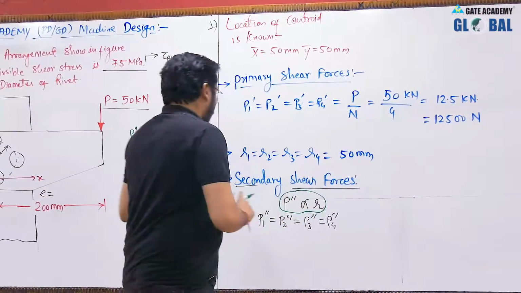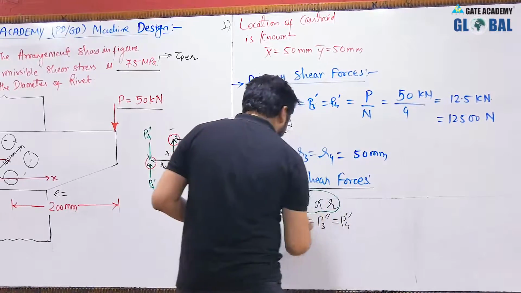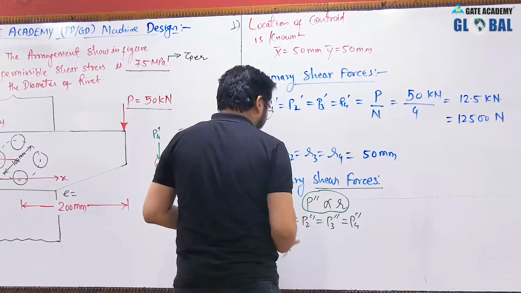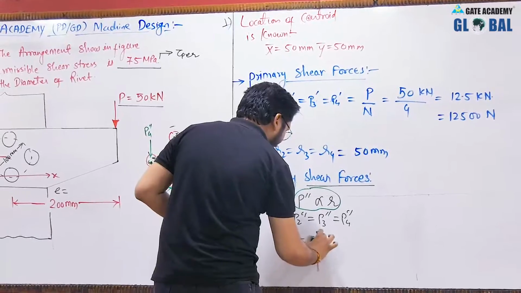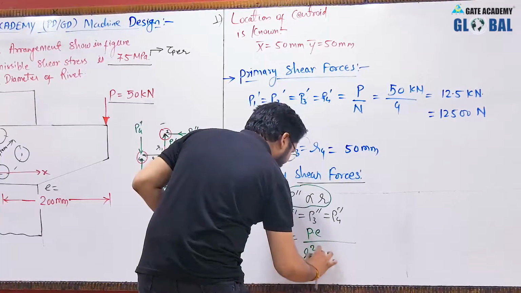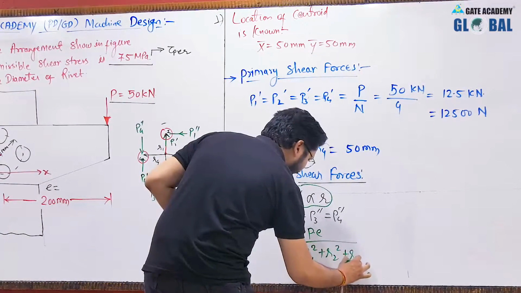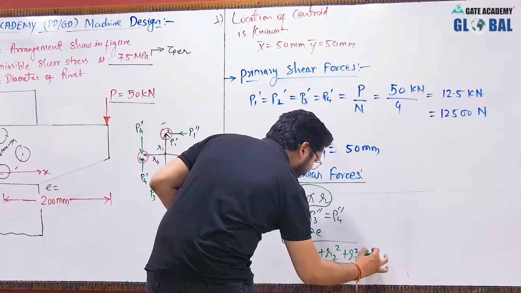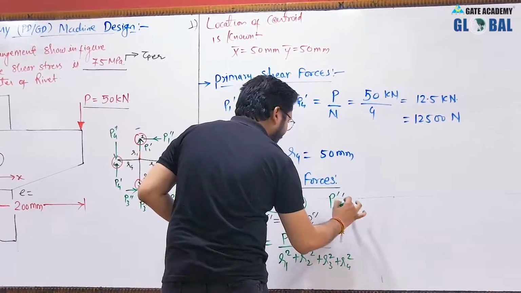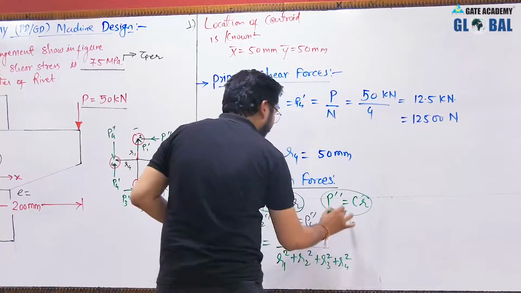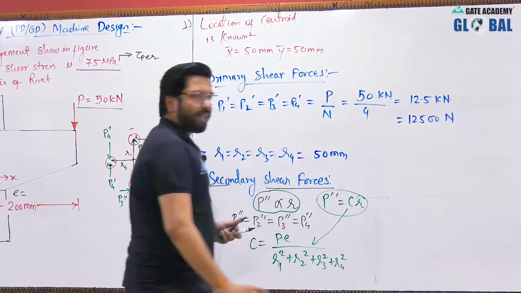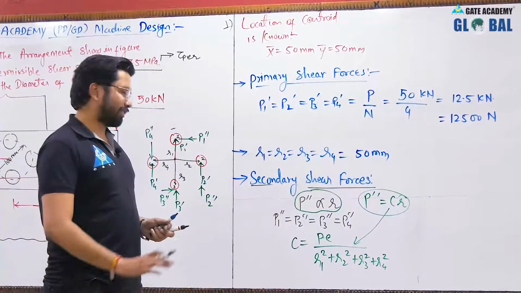Okay, so now the value of C, as you know, C is equal to P into E divided by R1 square plus R2 square plus R3 square plus R4 square. Okay, and P double dash is equal to C into R. So once you have calculated C, then you will be able to calculate any of the secondary shear forces.